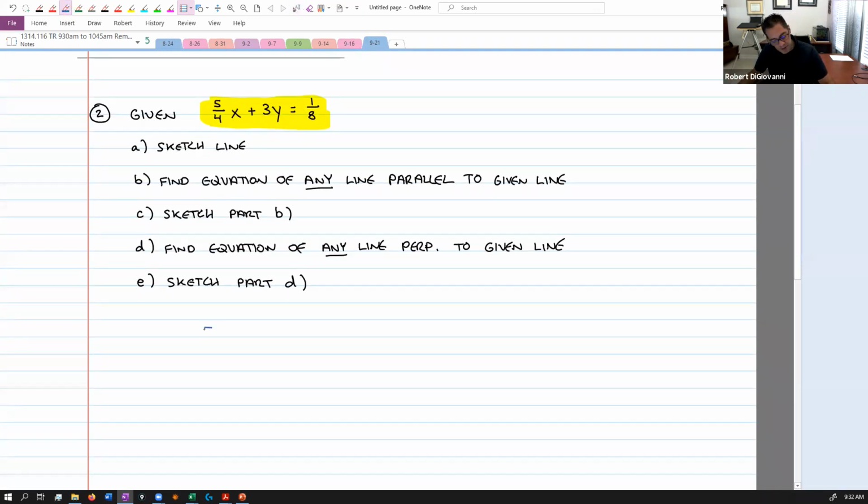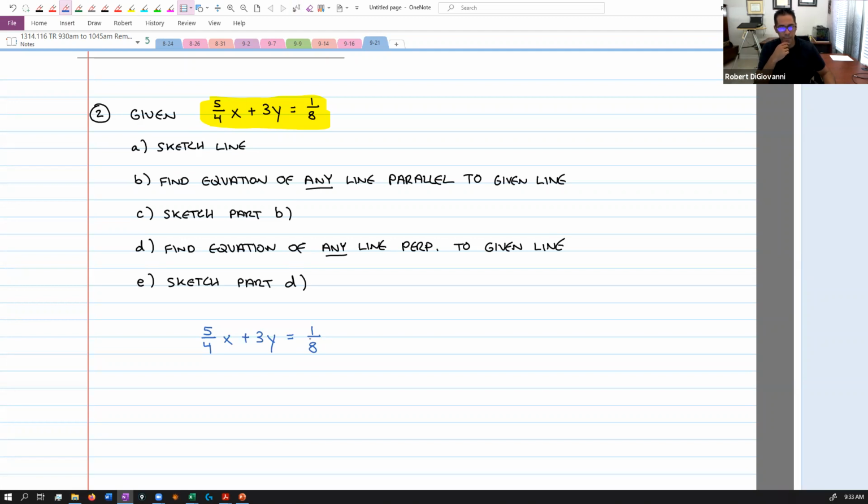So if I were to sketch this line, I have 2 options, right? When it comes to sketching lines, 2 options. One option is the intercept method where you find the x and y intercept. We can do that as long as it's not a vertical or horizontal line. How do I know this is not vertical or horizontal right now, just by looking at it?